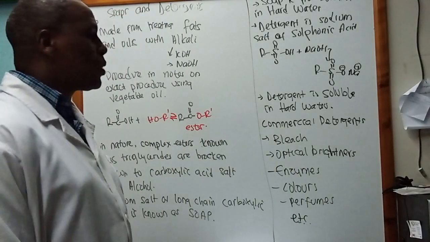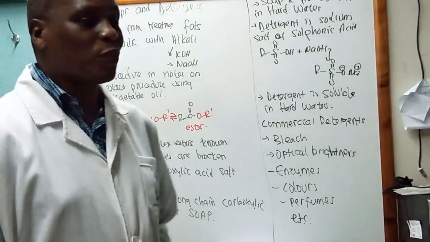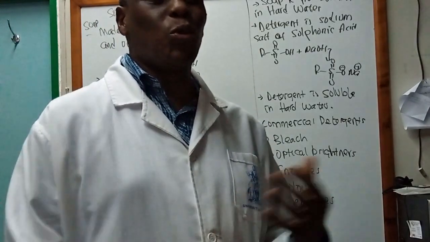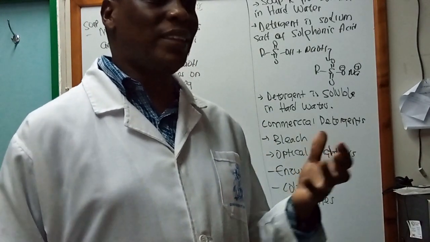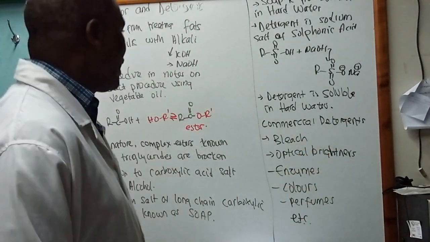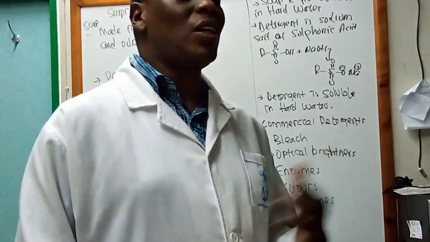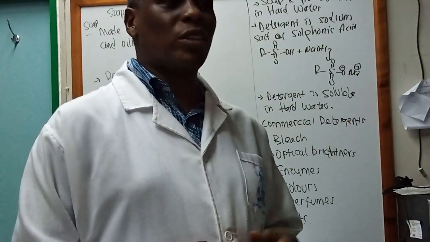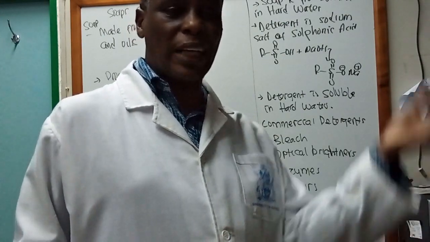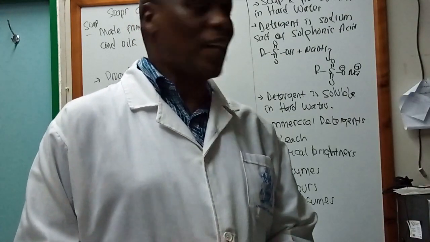So in this case, the presence of the hard water is just going to replace the anion which is soluble in the soap with the insoluble one which is found in the hard water, and you're going to get a precipitate out of it.